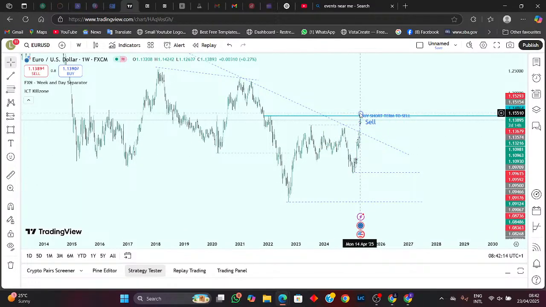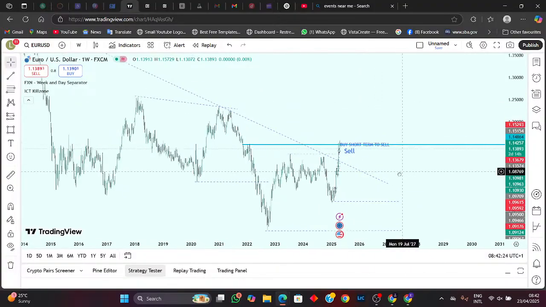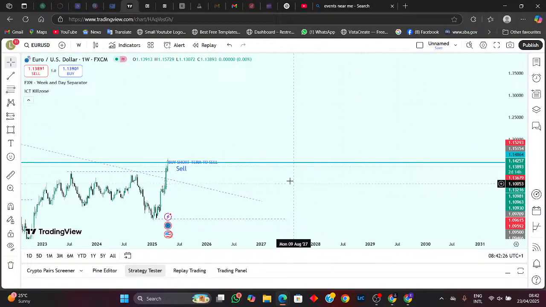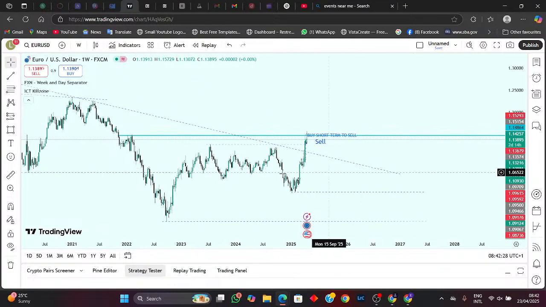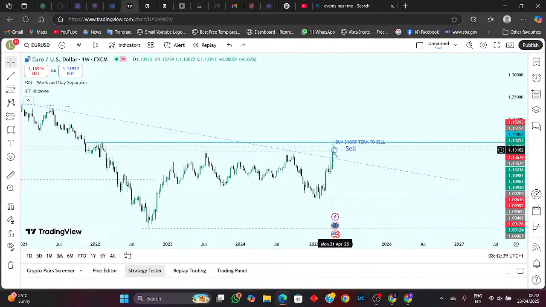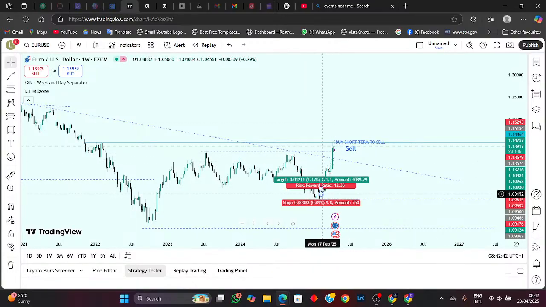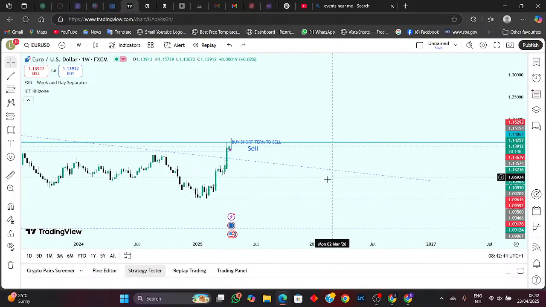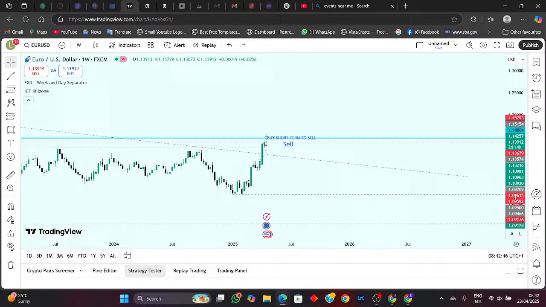But then price did the opposite because there was a pool of liquidity I marked here, and then look at how price broke that. Obviously the market has been going bullish for the past 3 months, so we will likely want to see some form of sell to rebalance all of this upside movement. We want to see some form of sell.